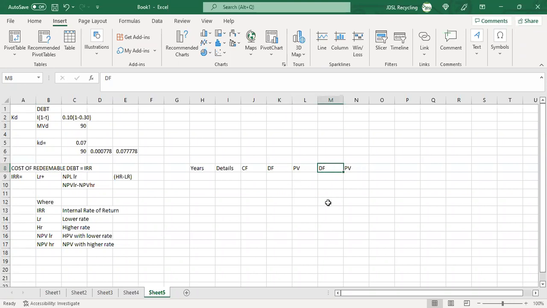So the formula is NPVLR divided by NPVLR, which is your net present value with lower rate, minus net present value with higher rate. This will now be multiplied by your higher rate minus lower rate.